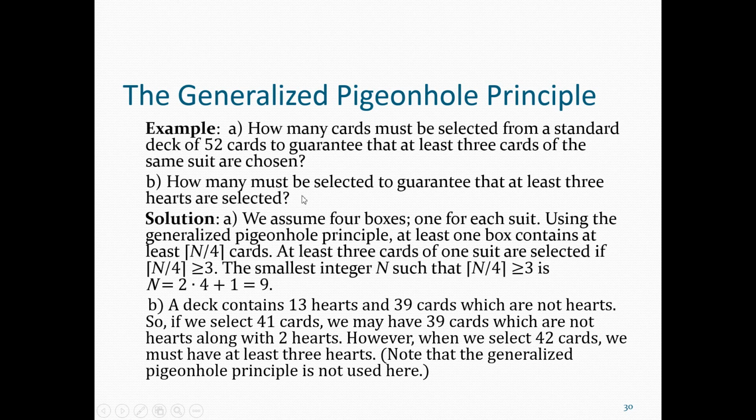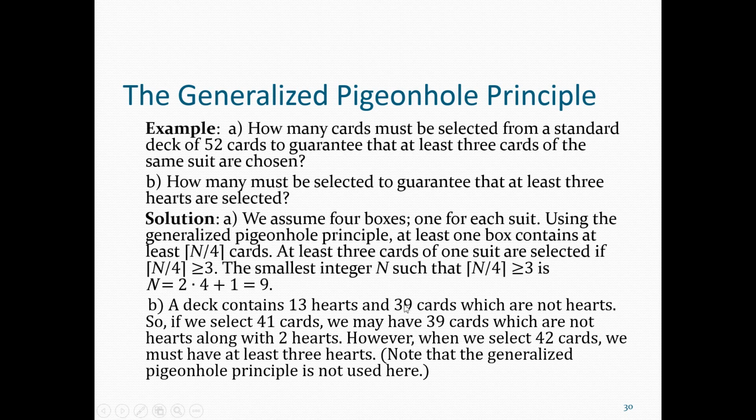Part B. How many cards must be selected to guarantee that at least 3 hearts are selected? Now a deck contains 13 hearts and 39 cards which are not hearts.